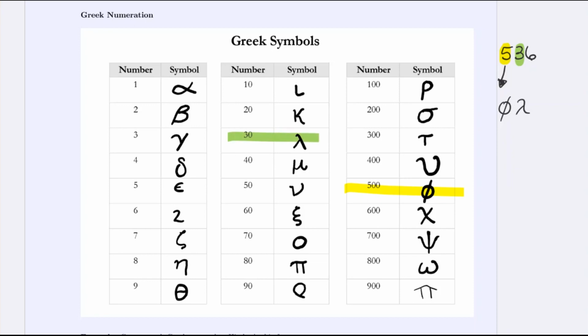And then we need to express that we've got 6 ones, so you'd look for the 6 symbol. And that would be 536. So with the Greek symbol, you would just write it down based on that, starting with largest and then going to the right to the smallest grouping.